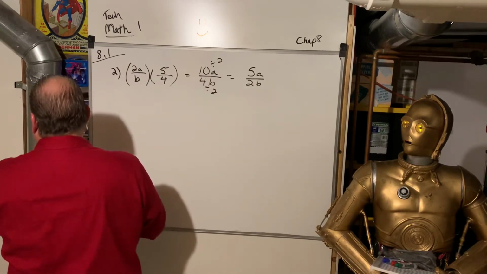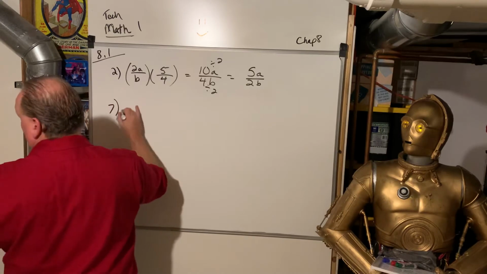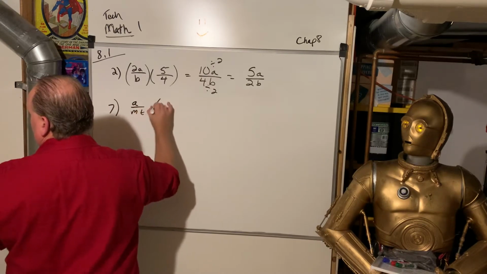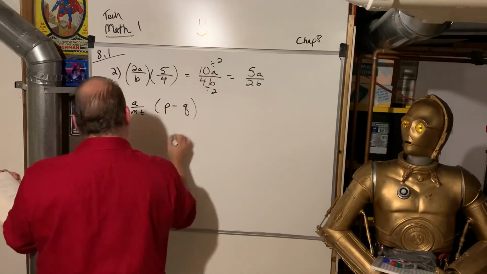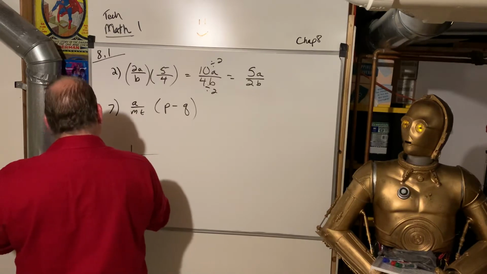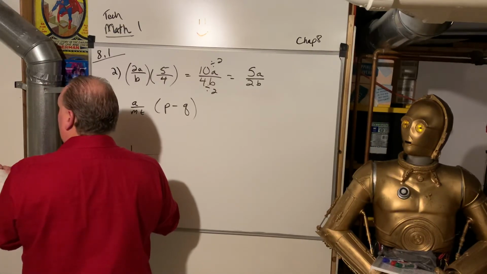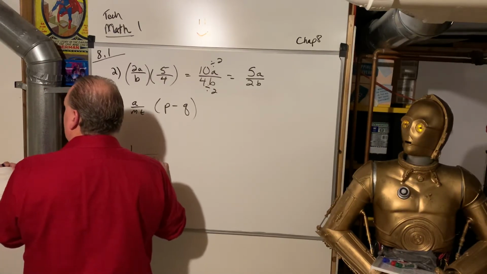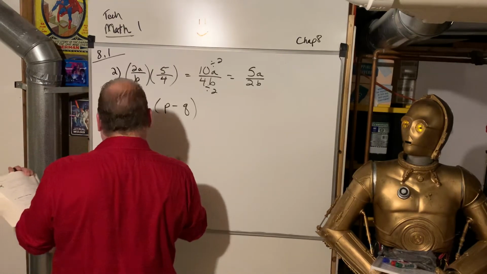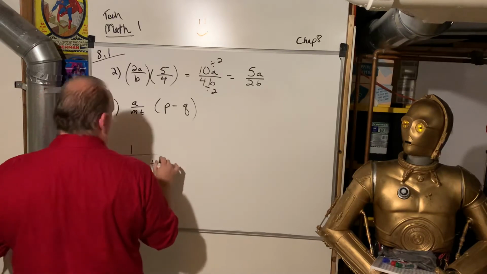And then let's look at number 7. Next page, we got a over mt times p minus q, and we got 1 over ak times t sub 2 minus t sub 1 times lw.